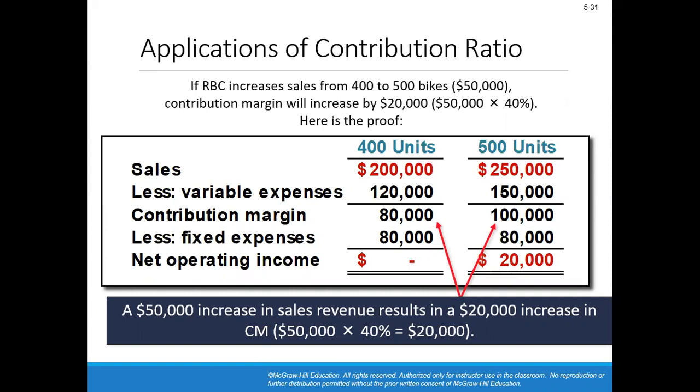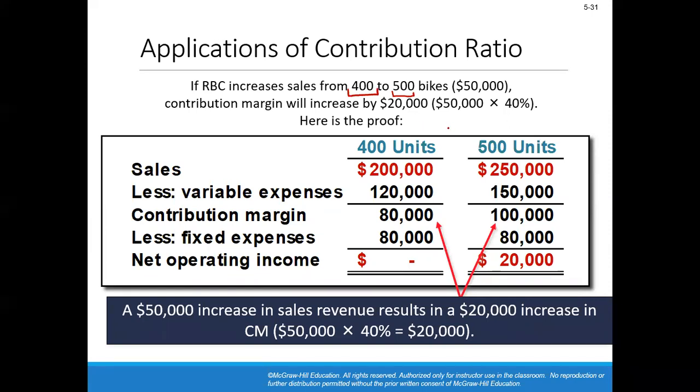Before looking at how it can be helpful, let's assume some changes from our base case. In our base case we have 400 units of sales. Now in our new case our sales has increased from 400 units of bikes to 500 units of bikes.